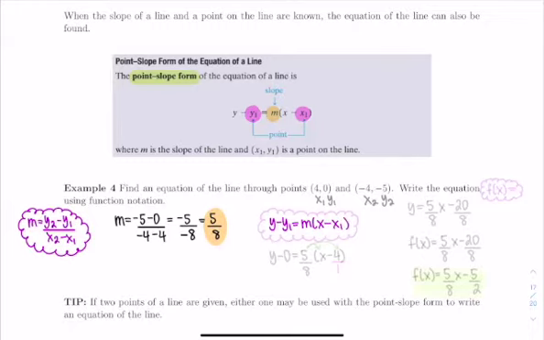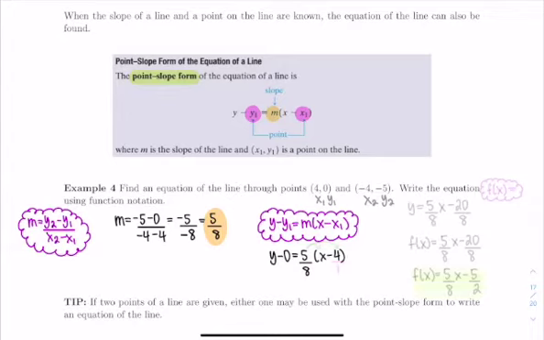Here's the formula for point-slope, and we need to plug in m and x1, y1. So we have y minus y1, which is 0, equals m, which is 5 over 8, times x minus x1, which is 4.